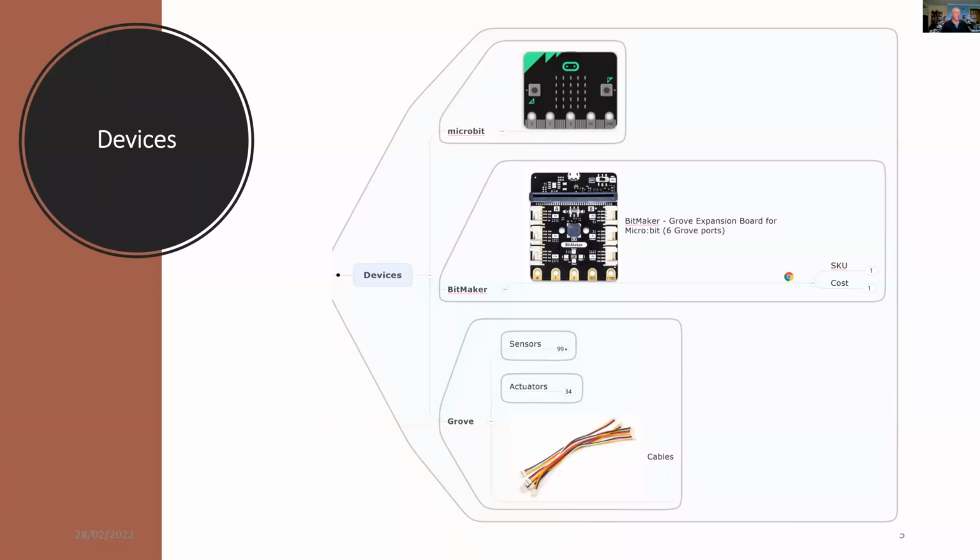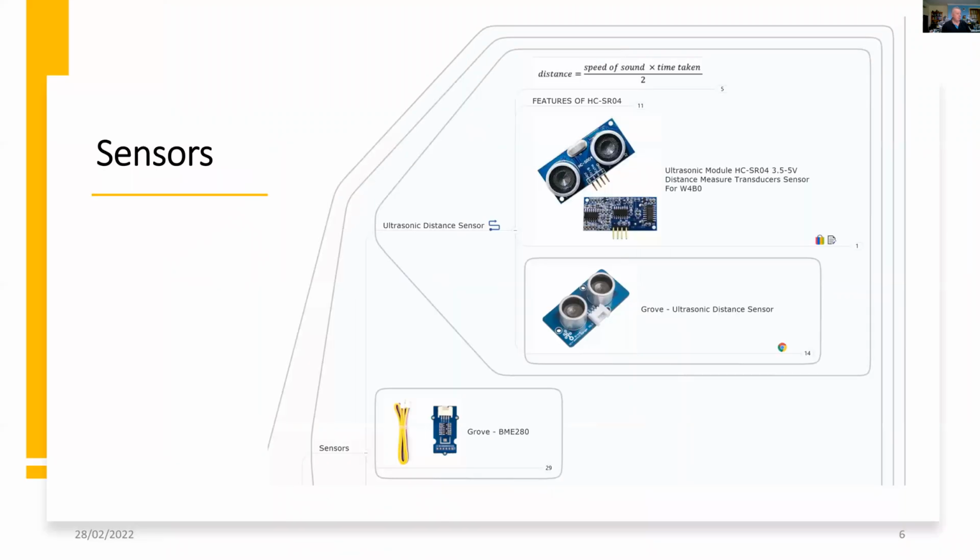So the devices, well, you've already seen how to use the microbit and bitmaker, and we've seen how we can connect sensors and actuators to bitmaker with the Grove cables. So we'll be extending that this week.